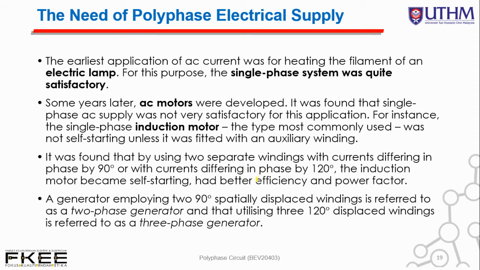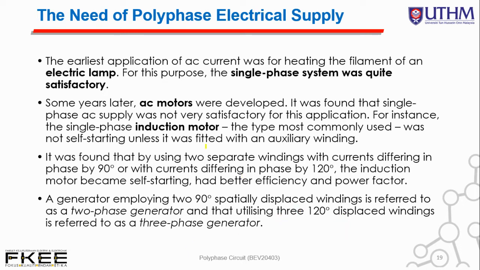So what happened if they applied this to a generator? All right. Employing two 90-degree displaced windings is referred to as a two-phase generator. Then utilizing three 120-degree displaced windings is referred to as a three-phase generator.